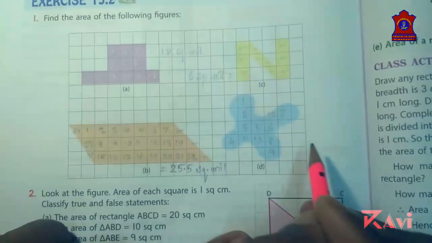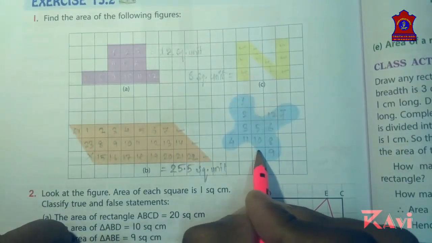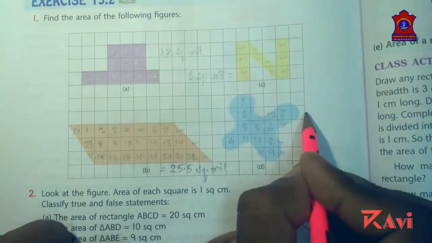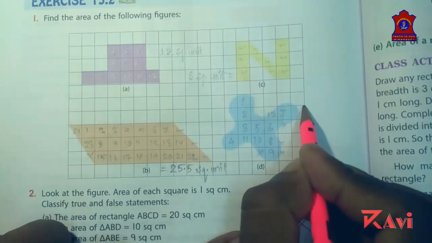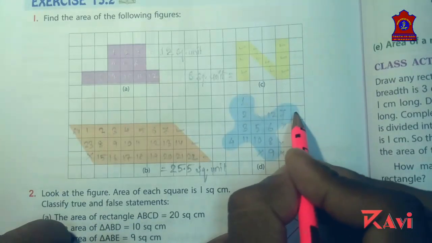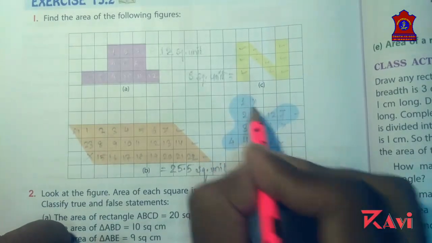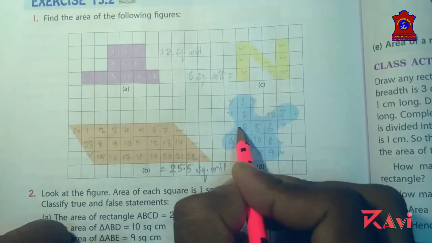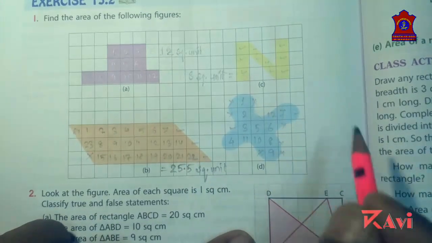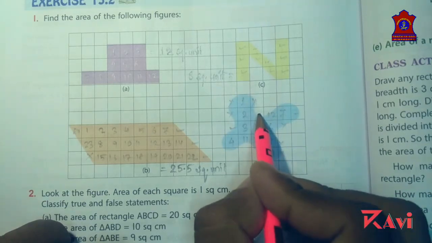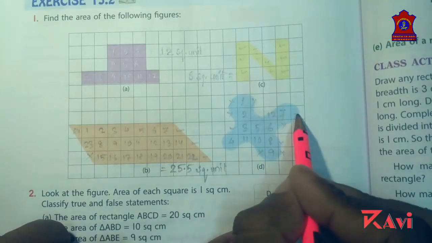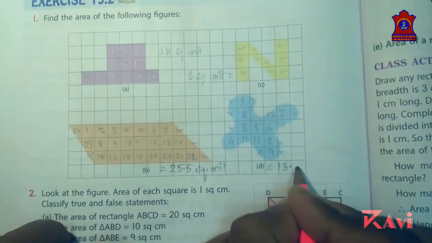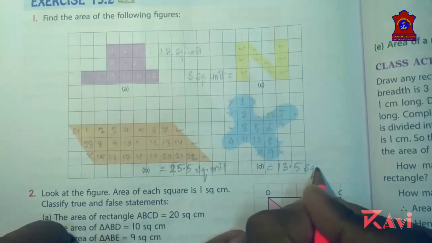This is less than half, this will not be counted. This is looking like half, this will be counted. This will not be counted. This will be counted. So we have 12, half and half 13, and here we have half 13.5. Just write 13.5 square unit.